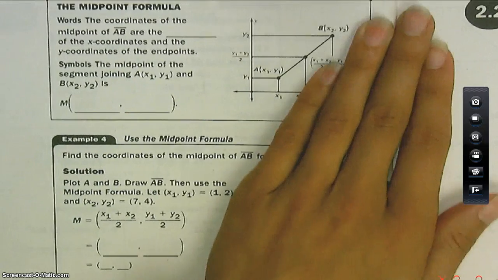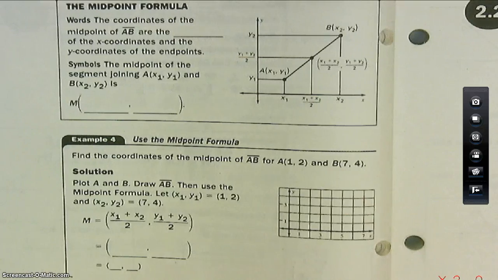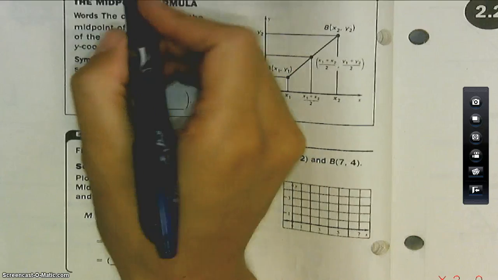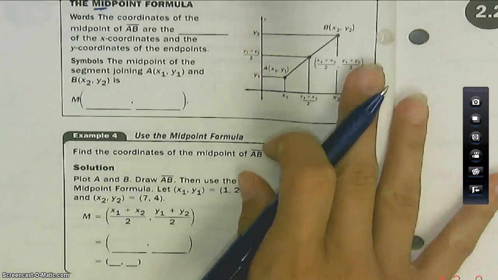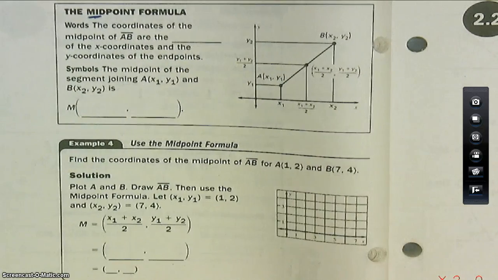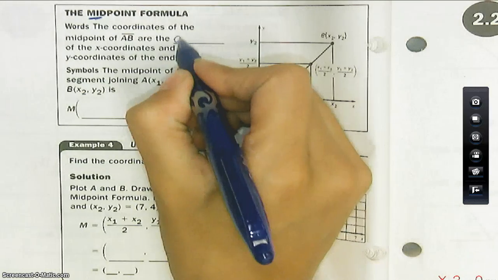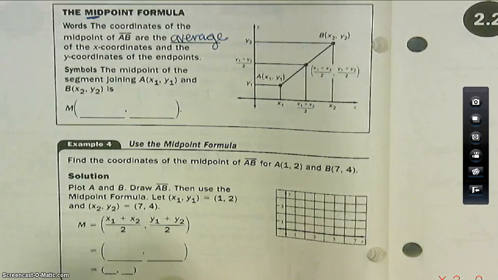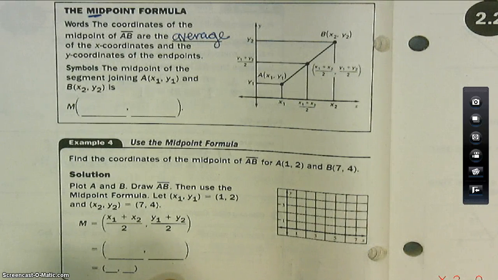The midpoint formula. You learned about this in algebra. We'll see how much of it you remember. So we're trying to find the point in the middle. To find a point in the middle, you average. Just like if you had a test score of a 70 and an 80, your average would be 75 because 75 is right in the middle of 70 and 80.